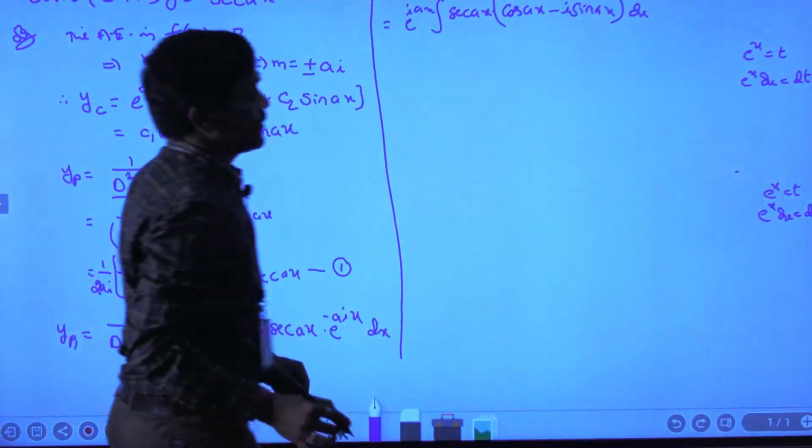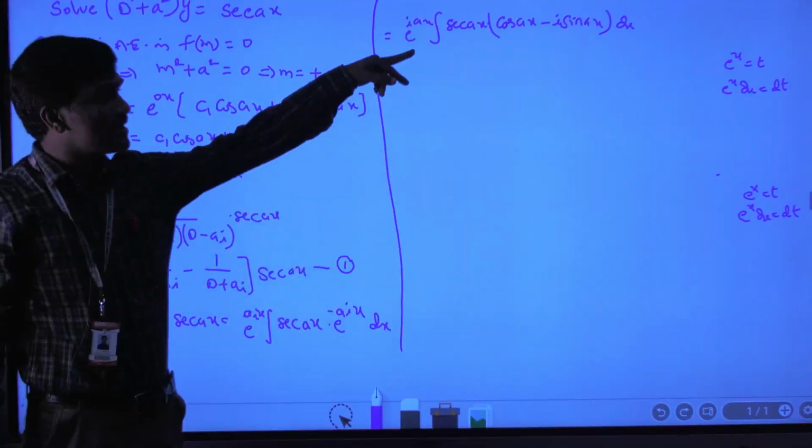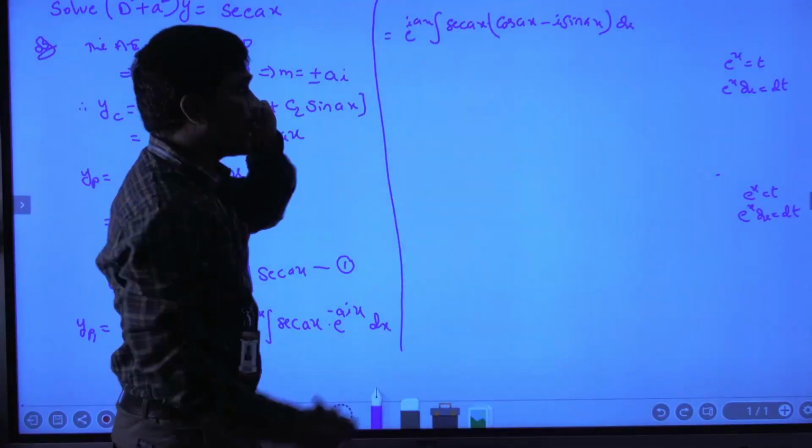The exponential e power minus iax can be written as cos ax minus i sin ax.